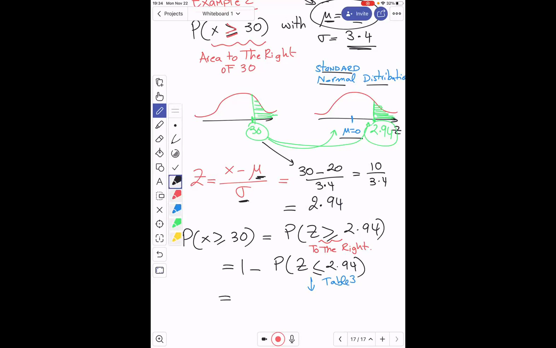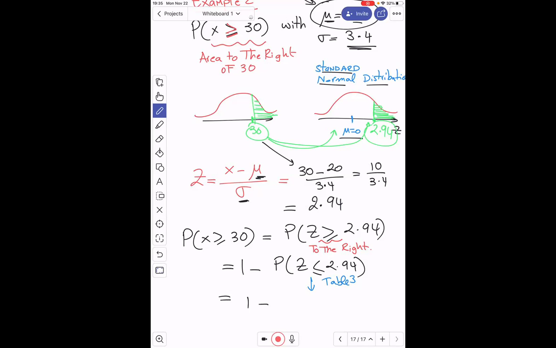So this is 1 minus the probability that z is less than 2.94. So let me see. From the table, 2.94: the nearest tenth is 2.9, nearest hundredth is 0.04.